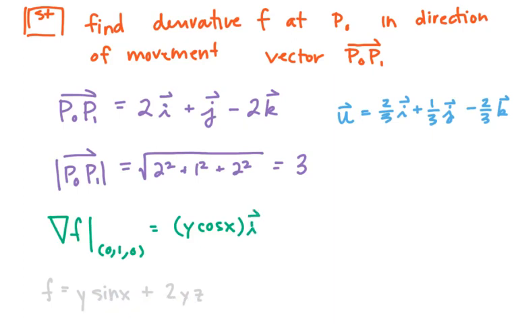Partial with respect to y, that means sine x is a coefficient and 2z is a coefficient. So I have sine of x plus 2z j, and then the partial with respect to z, 2y is my coefficient, so I'll have plus 2y k.